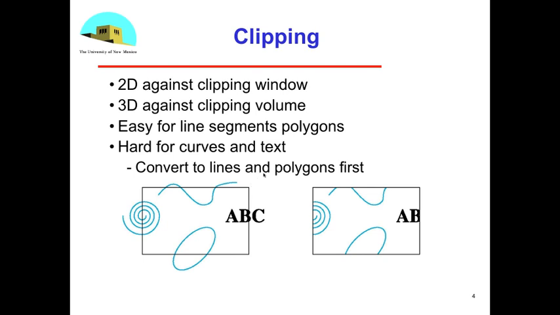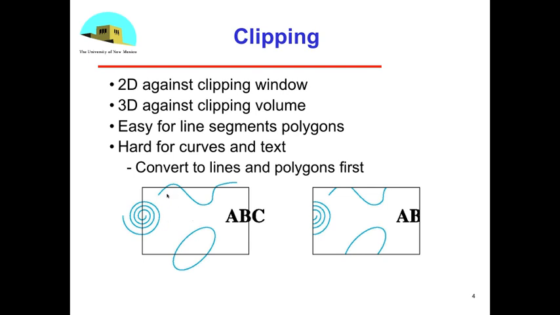Although if you think back to when we talked about normalization, where we converted everything to an orthogonal view by normalizing both for perspective and for parallel projections, we could convert all of those to orthographic projections. Those are the things we're going to consider, and you can see even from the 2D example that curves can be very difficult.